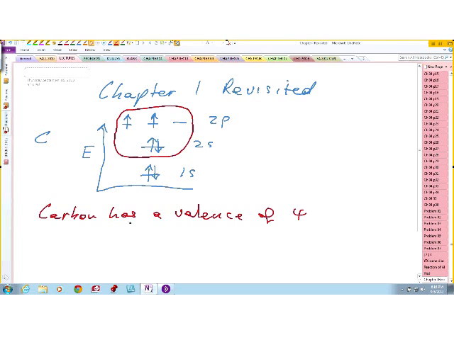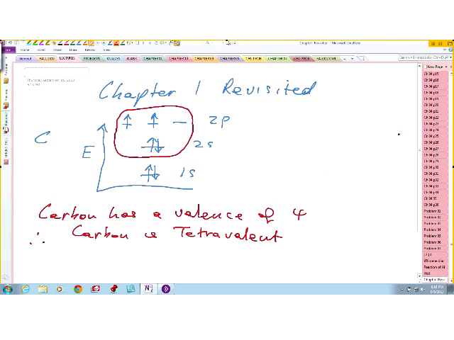So we could also say carbon is tetravalent. Tetravalent means that carbon needs 4 bonds.